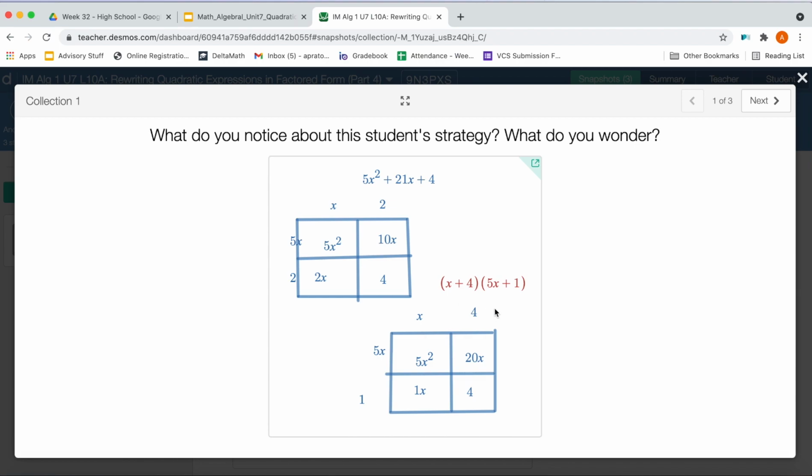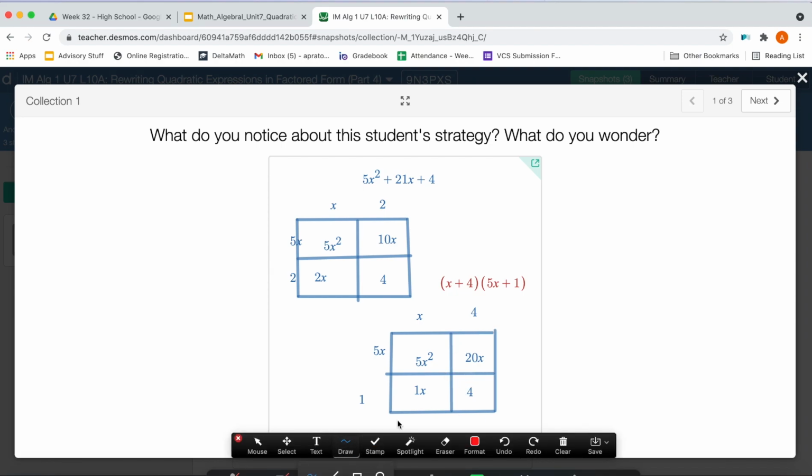Again, students may bring up these noticings, or you may start to pull them out, because we really want to dive into these specific things. We can even use the annotation features on Zoom. So we have the 4 here, and we have the 4 here, and we have the 4 here.